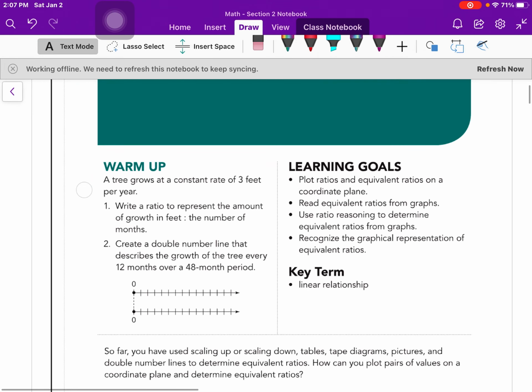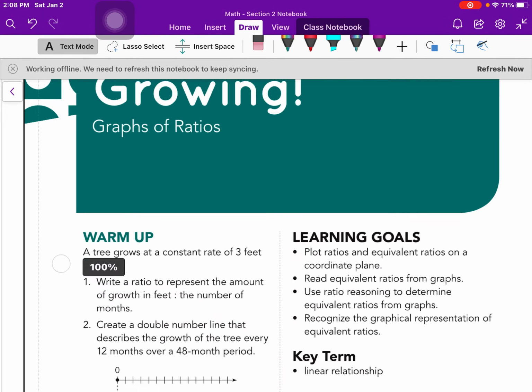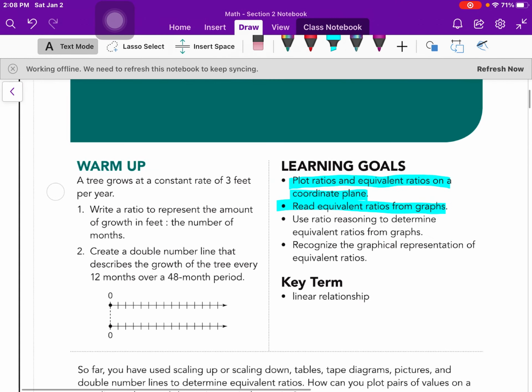Graphs of ratios. Okay, in this lesson, we're going to be plotting equivalent ratios on a coordinate plane. So we're going to be graphing them, and then we're going to read them from that graph. Let's get started. There's another word we're going to explore too: linear relationship.